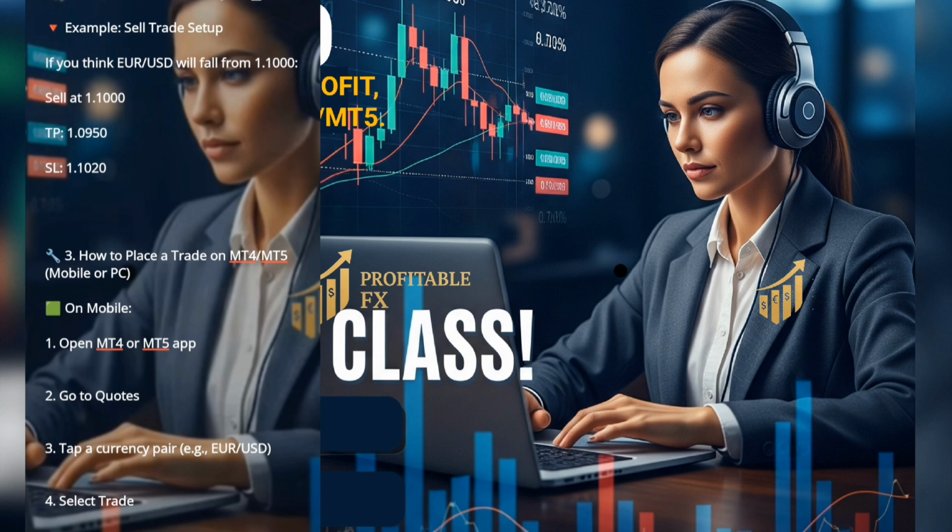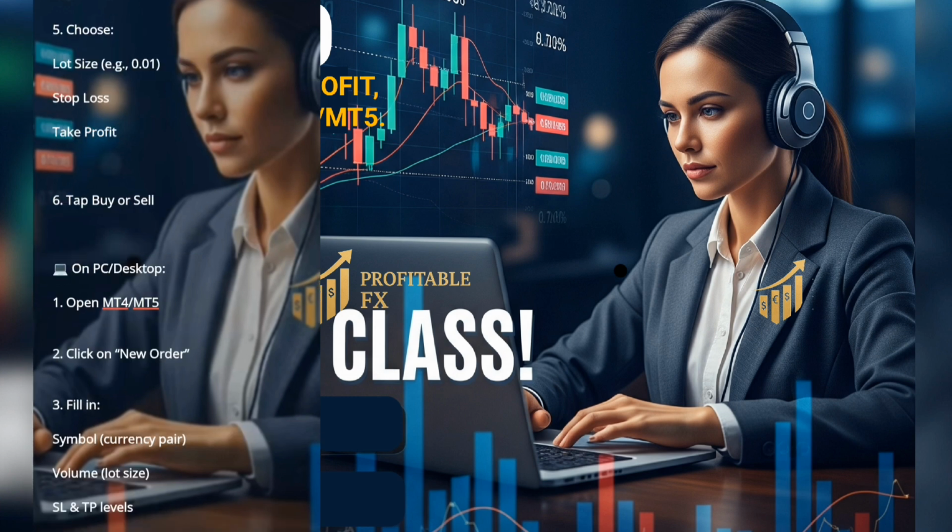On mobile. 1. Open MT4 or MT5 app. 2. Go to quotes. 3. Tap a currency pair, for example, euro to US dollar. 4. Select trade. 5. Choose lot size, for example, 0.01. Stop loss.